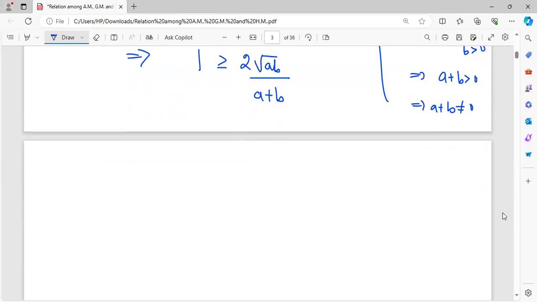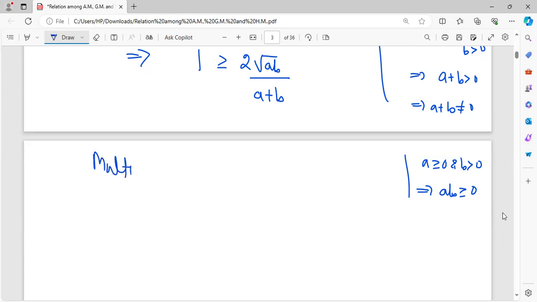Another thing you note is that A is greater than or equal to 0 and B is greater than 0. Then AB is greater than or equal to 0. So we will multiply both sides by under root AB, because this inequality holds and we have a non-negative quantity, so the inequality will not change.